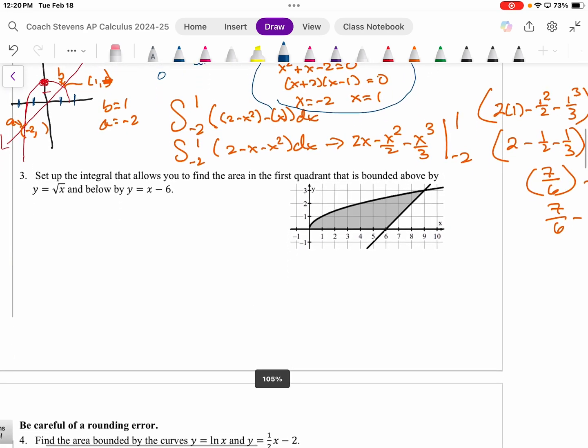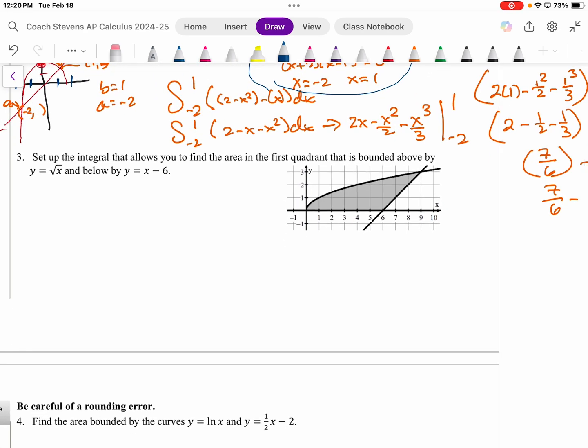Now, here's where we have to be extra careful. When we think about top minus bottom, top equation minus the bottom equation, on the first part of this graph, the x-axis is the bottom equation. And then at 6, we change who is on the bottom.